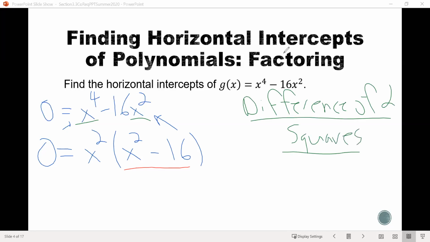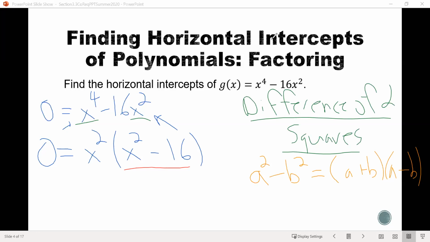Here's what I mean by that. If we have something in the form a squared minus b squared, meaning something squared minus something else squared, that can be factored to be a plus b times a minus b.